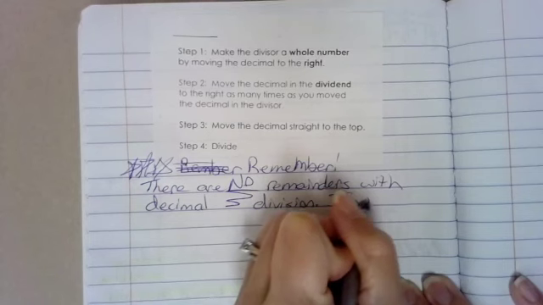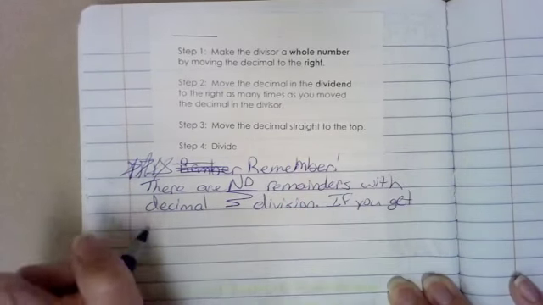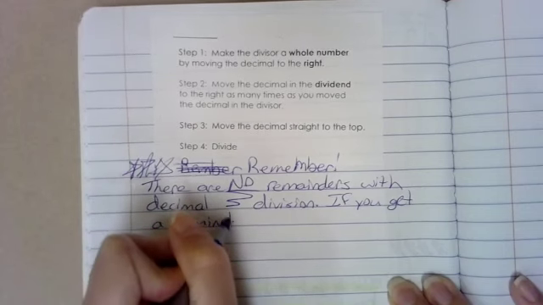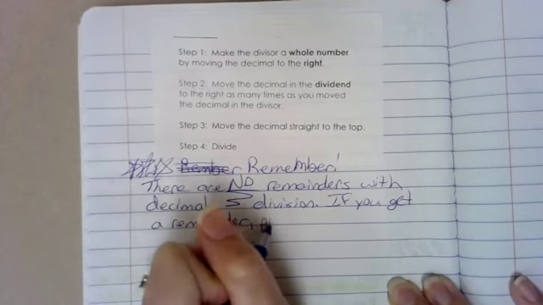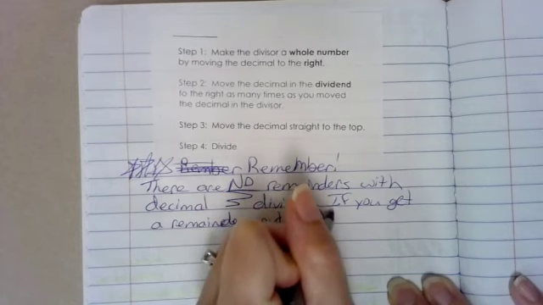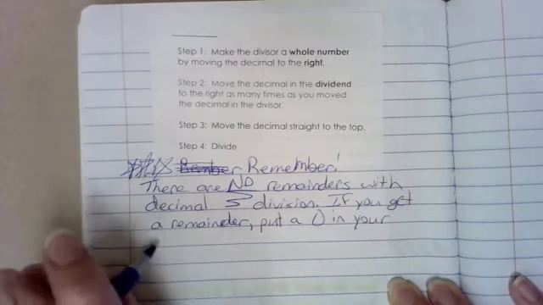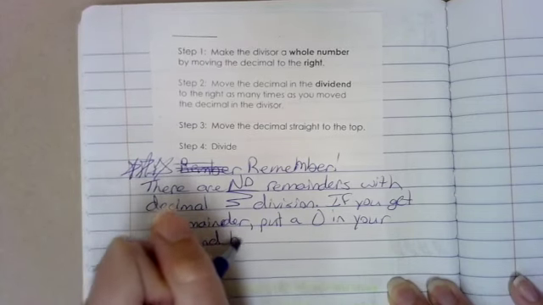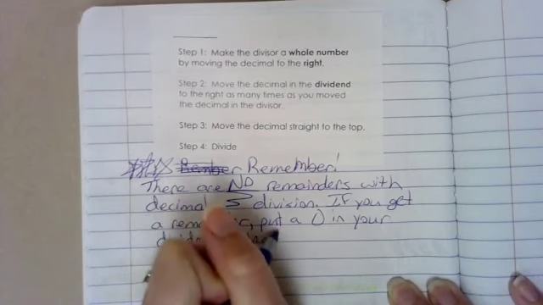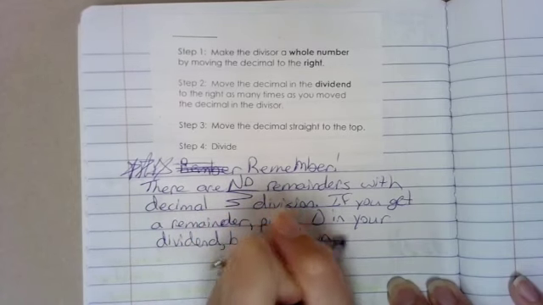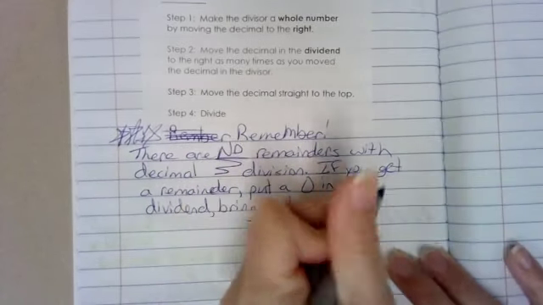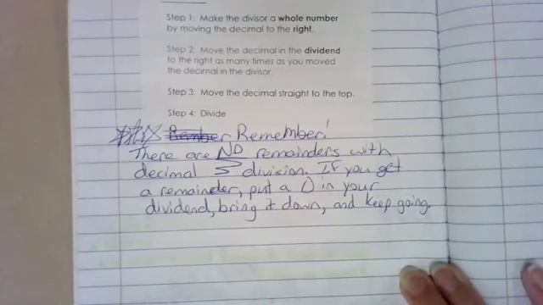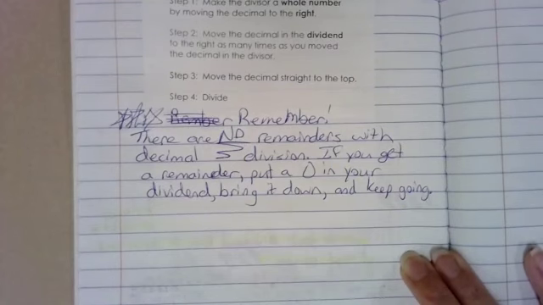If you get a remainder, put a 0 in your dividend, bring it down, and keep going. So you can pause the video if you need a minute to write that out.